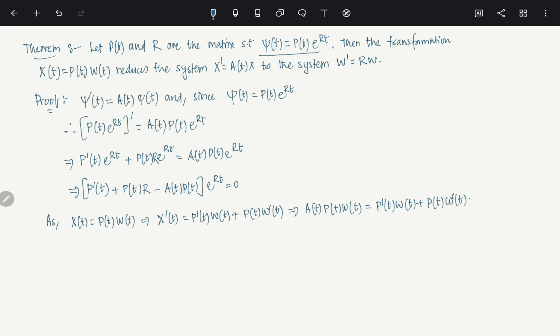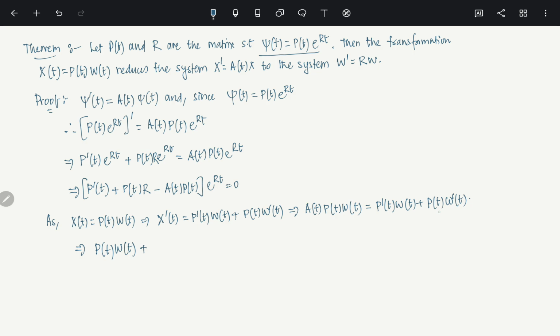So if you put everything together, see what we are going to get is this. That will imply that P of t W prime of t, plus P prime of t W of t. One second, let me just check this part.